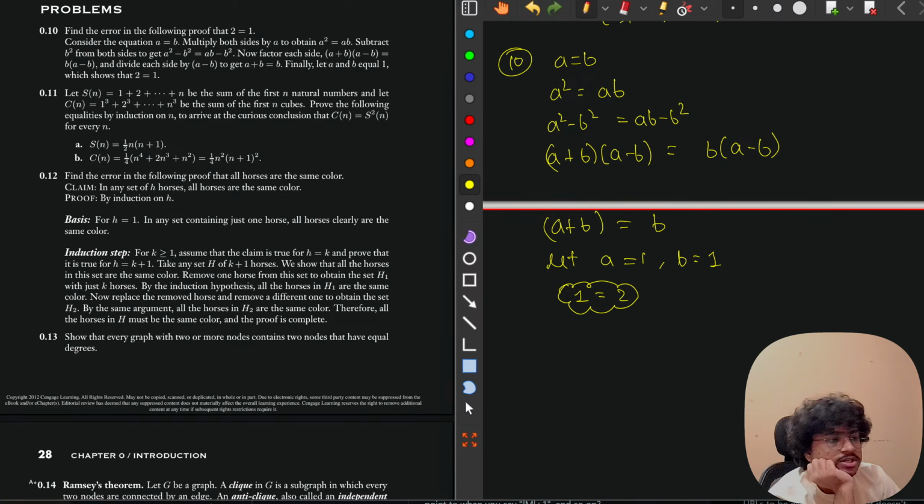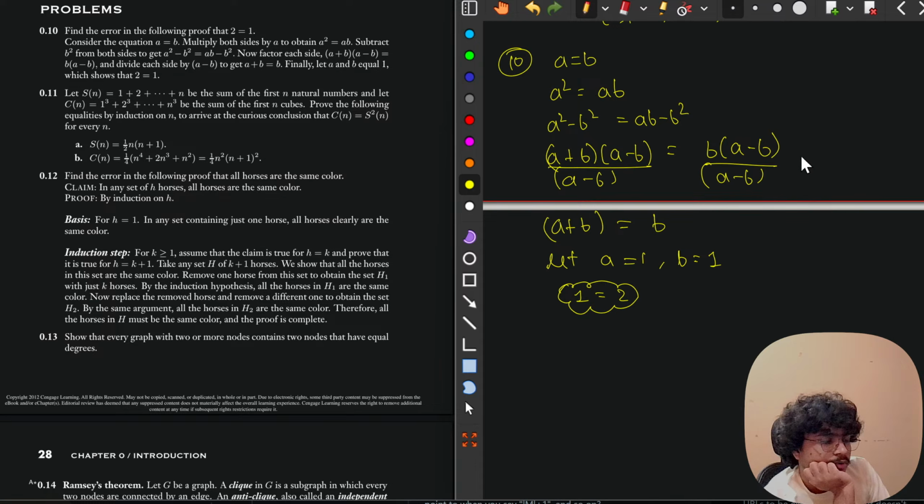Maybe you can subtract A plus B from both sides, but not A minus B. You should write it fully. Here you actually see 1 comma 1, 0. I should write this.